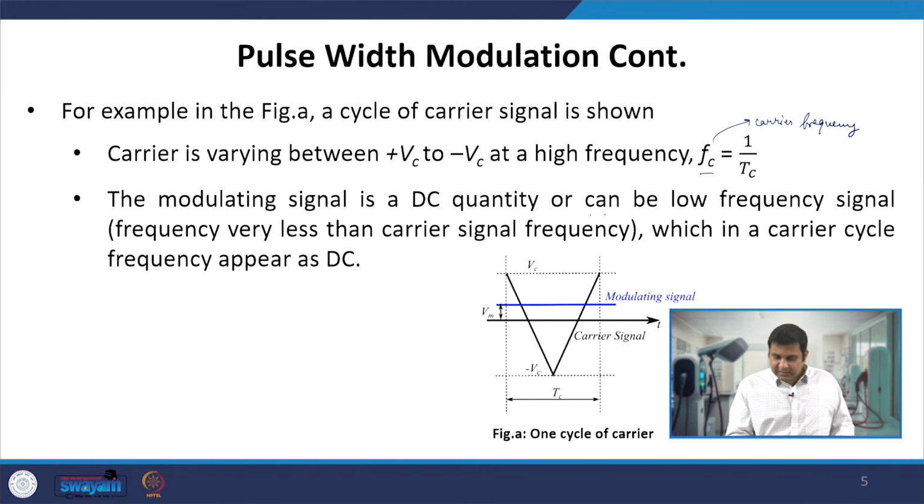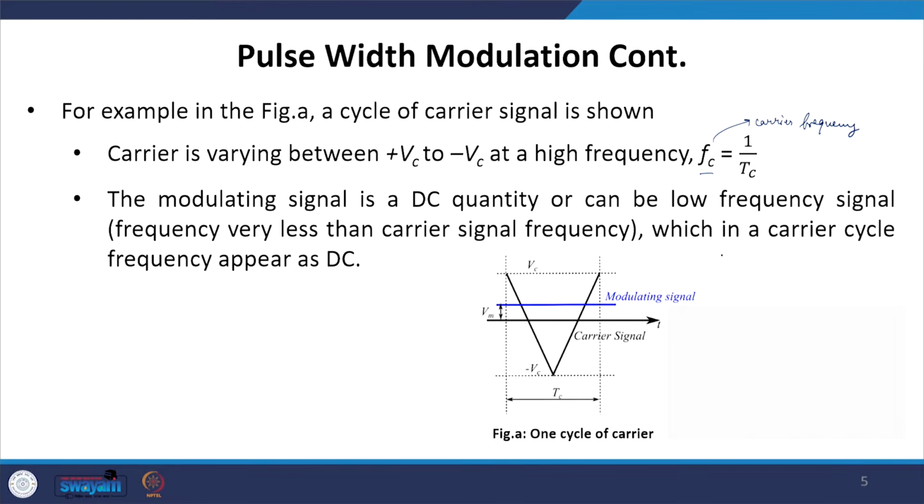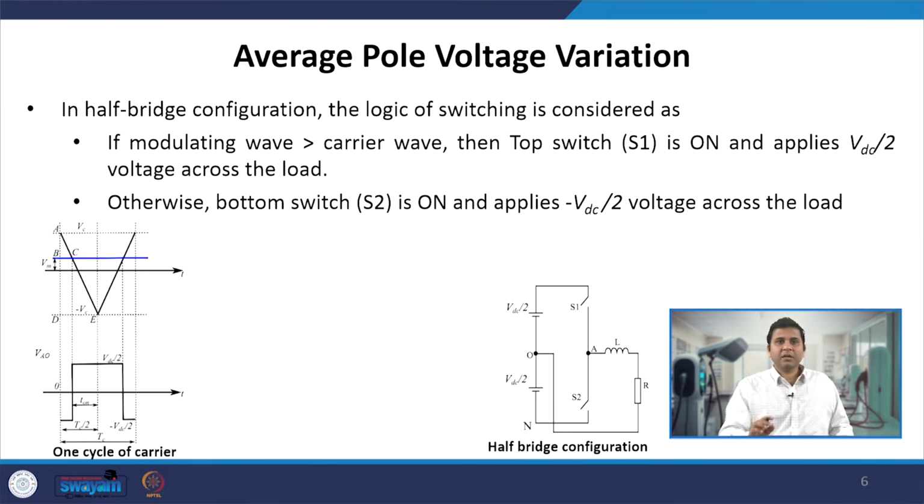The modulating signal could be DC or a low frequency AC, so it has a constant value over one carrier cycle Tc.